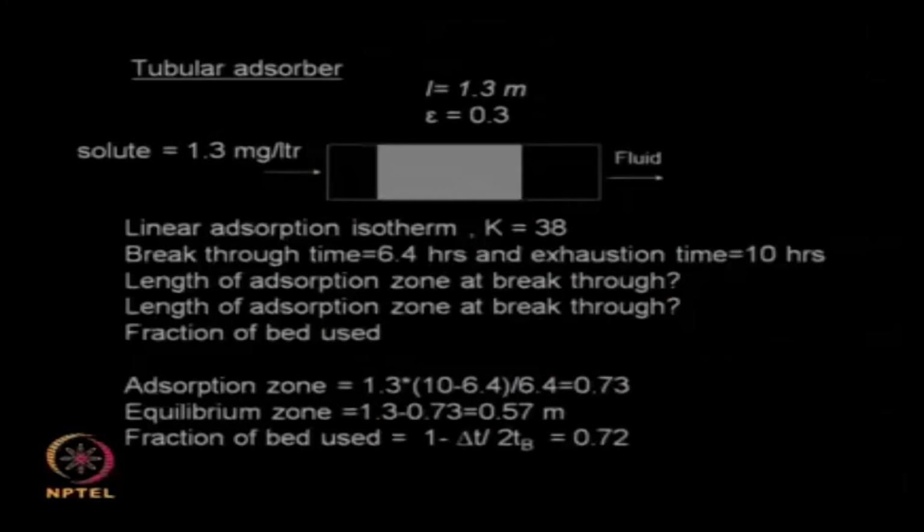You need to select an adsorbent so that the fraction of the bed used up keeps going up and comes closer to 1. The higher the number the better it is, 0.8, 0.85, then the number is very good, whereas 0.7, 0.6, 0.5 definitely is not very good.